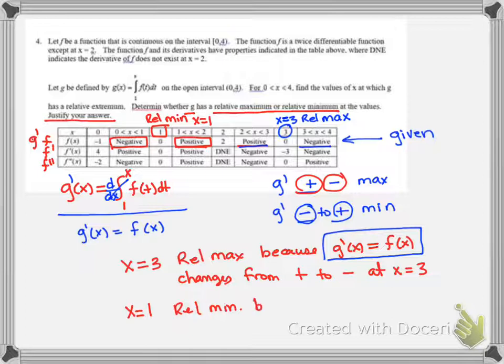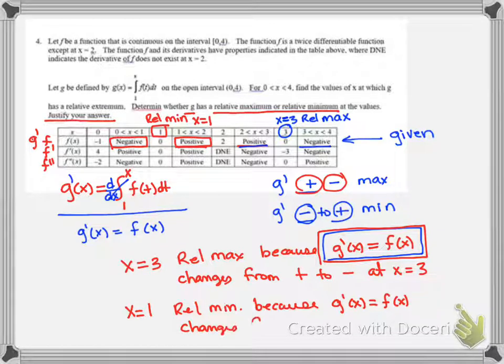Reason would be because g prime of x, we've already equated these together, so we probably wouldn't need to say it again, but I'm going to just to be safe. It doesn't take that long. Because g prime, which equals f of x, changes from negative to positive at that x equals 1.